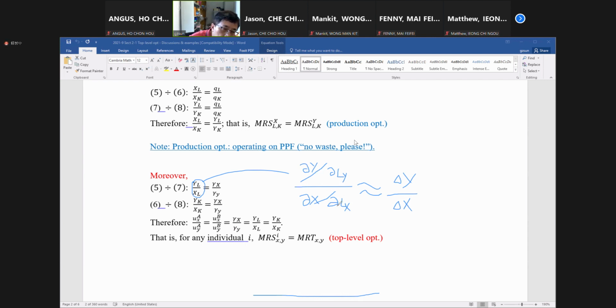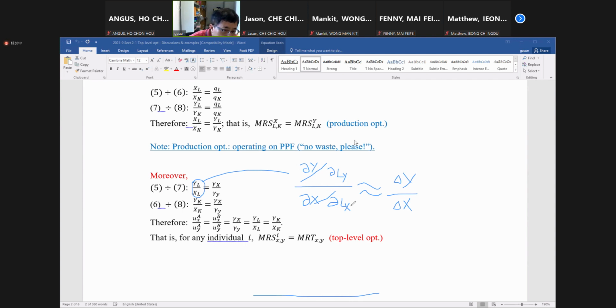And the total labor resource is given, it is fixed. Therefore, when we increase Ly, we have to decrease Lx by exactly the same quantity. If we increase Ly by 1, we have to decrease Lx also by 1. If we increase by half, then this one also decreases by half.